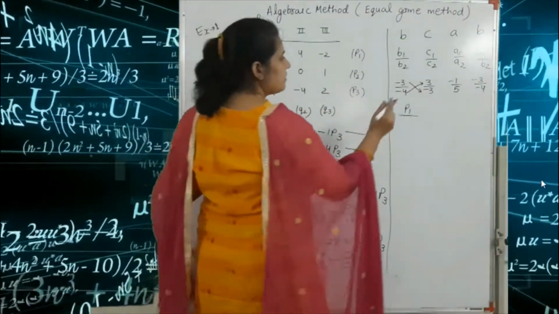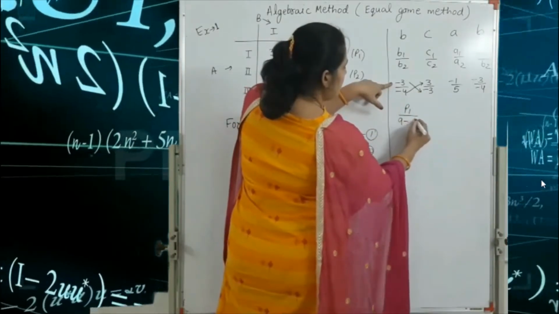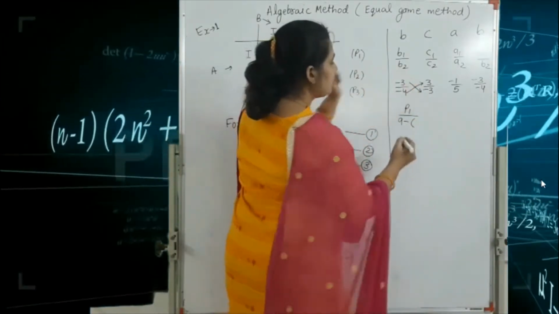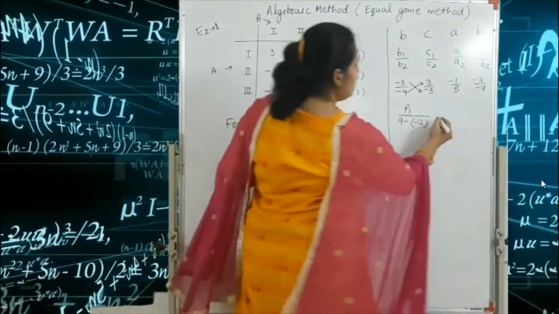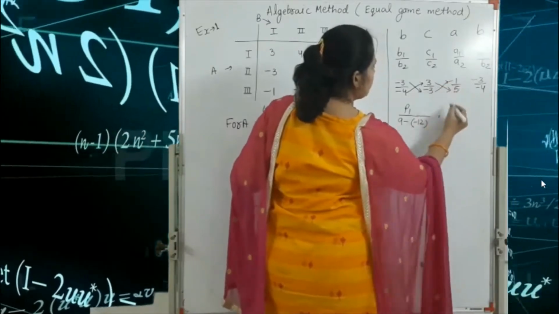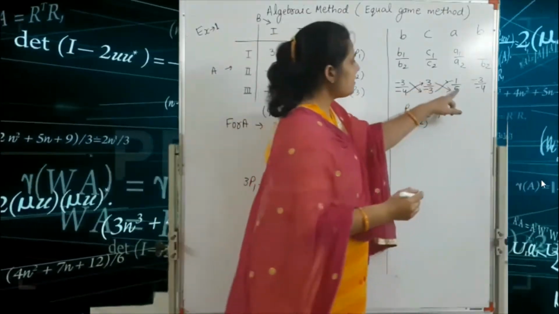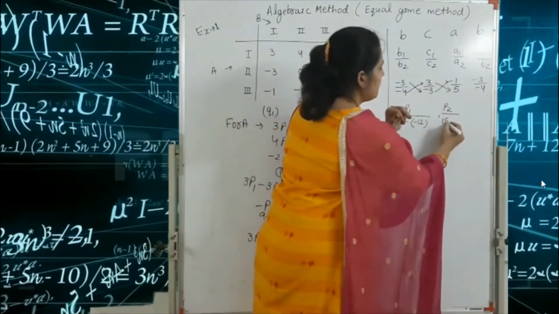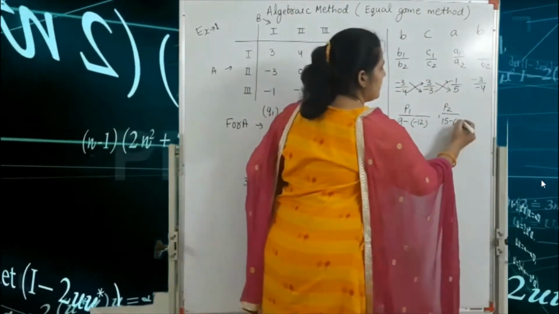So P1 divided by 3 3s are 9, that means plus 9, minus 4 into 3, that means minus 12. Got it? Here again this multiplication and this multiplication. So we write here P2 divided by 3 5s are 15, minus 3 into minus 1, that means plus 3.